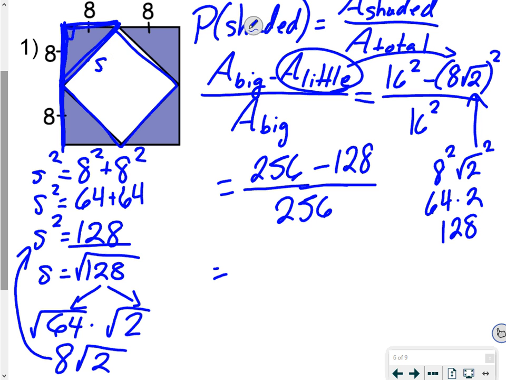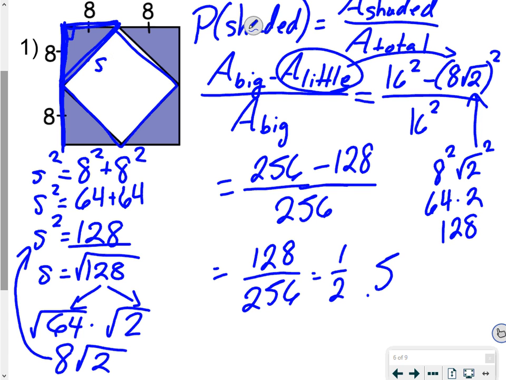All right, so we get 256 minus 128, which is just 128, and 128 divided by 256 is 1/2, 0.5, or 50% chance. So the probability that a randomly selected point in this region lies in the shaded region is going to be 50%.